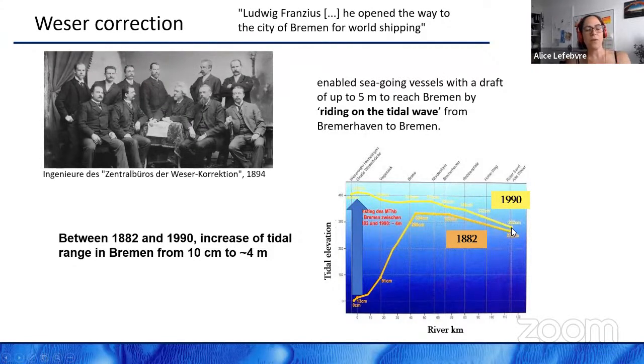That means the big ships can now ride with the tidal wave and with the high water all the way to Bremen, and then they have enough water depth to come to Bremen. So I think that's quite extraordinary, to change an estuary that much, going from 10 centimeters of tide to 4 meters, just to enable trade, basically. Yeah, I think that's quite crazy.